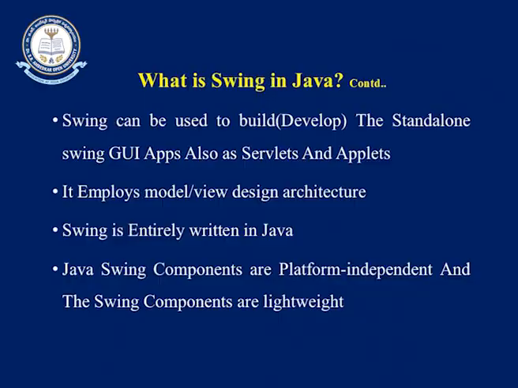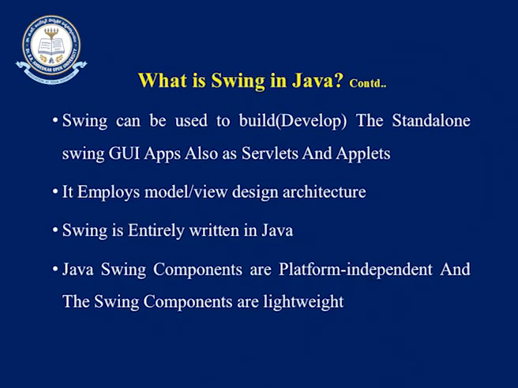Now the point is Swing is completely developed using the Java programming language only, as we know that Java is platform independent. That's why all these Swing components are also platform independent. Even though you are executing the same application on different operating systems, you may not find any differences. So that is the major advantage in the Swing concept.